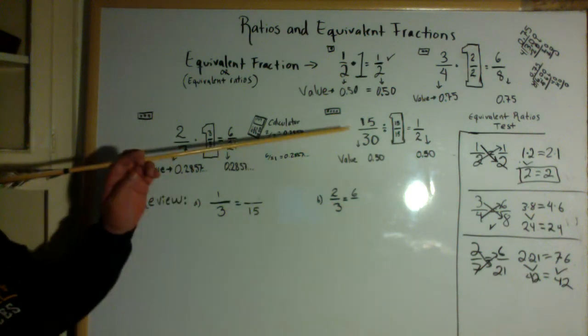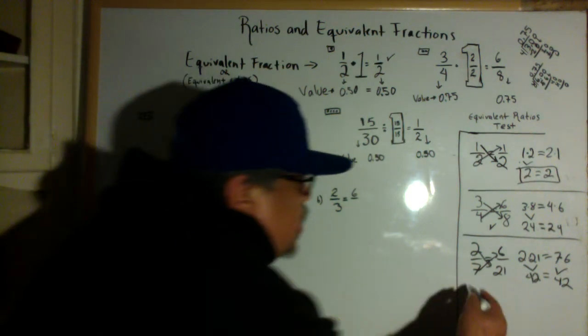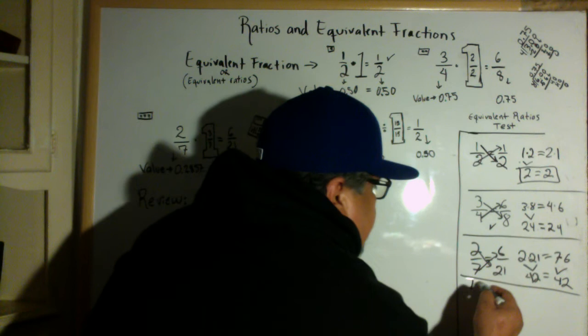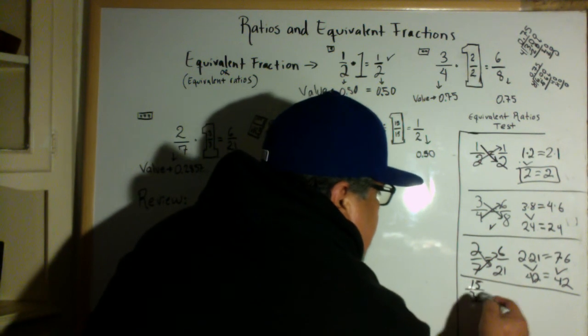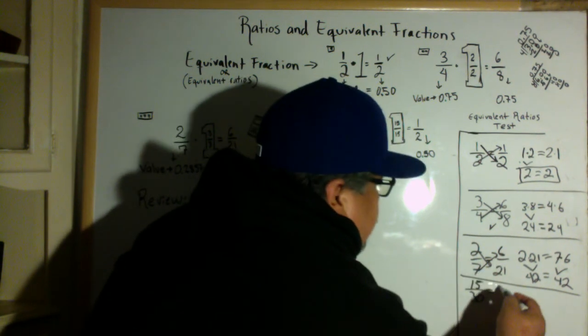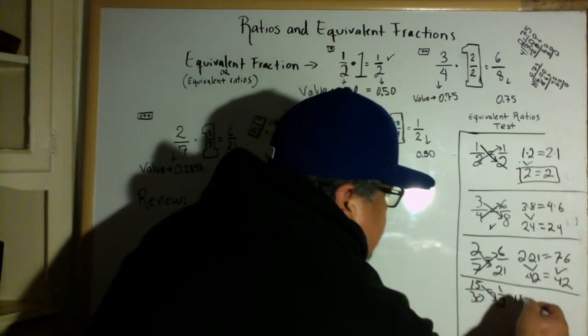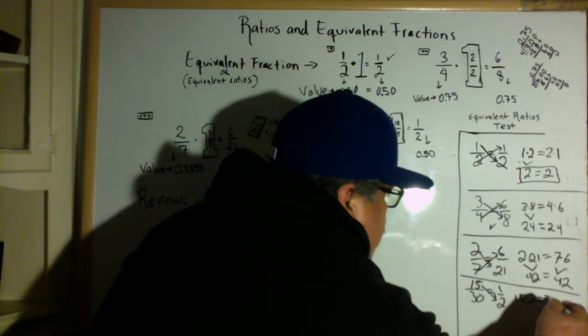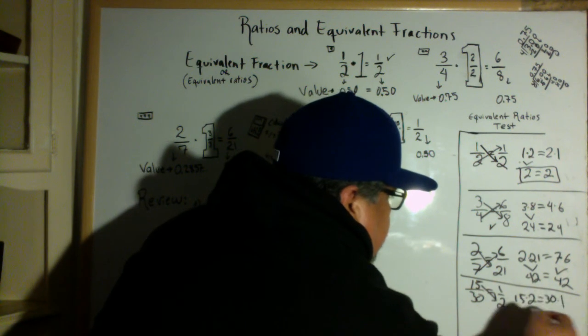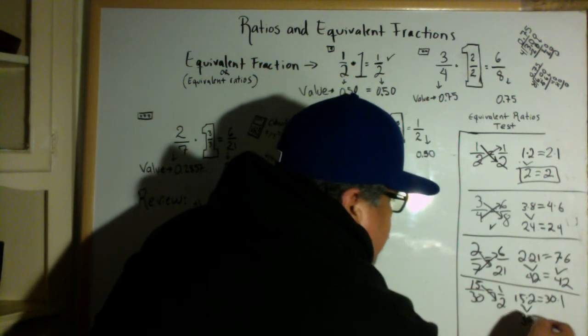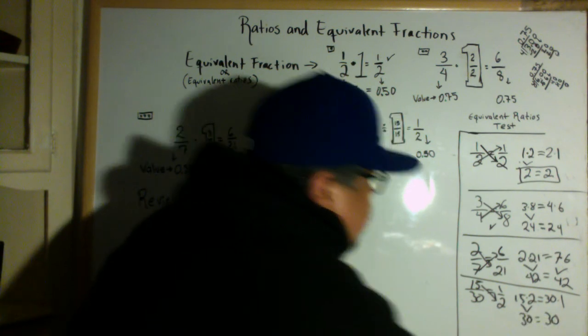Last one, 15 over 30 is equal to 1 over 2, because 15 times 2 equals 30 times 1. This is 30 equals 30.